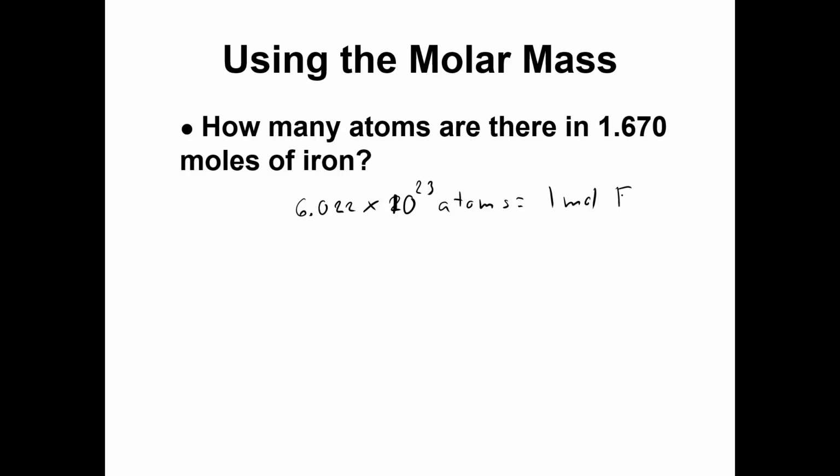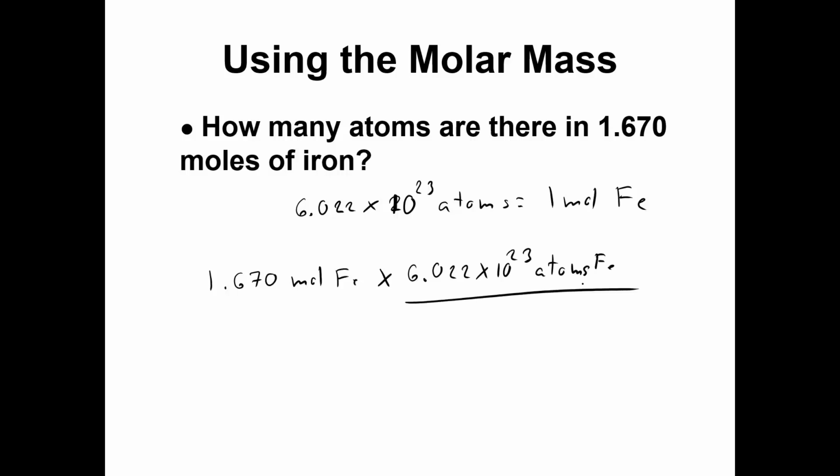So in this case, iron. So now I can convert 1.670 moles of iron times 6.022 times 10 to the 23 atoms of iron divided by 1 mole of iron.